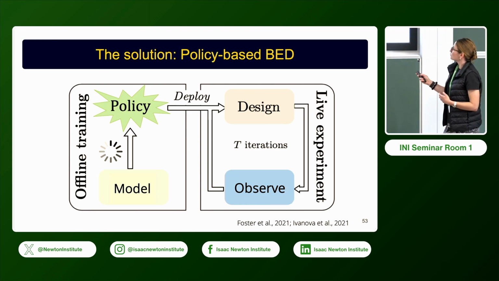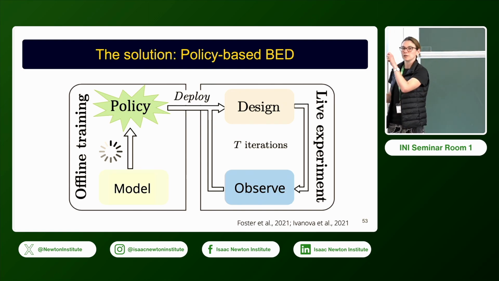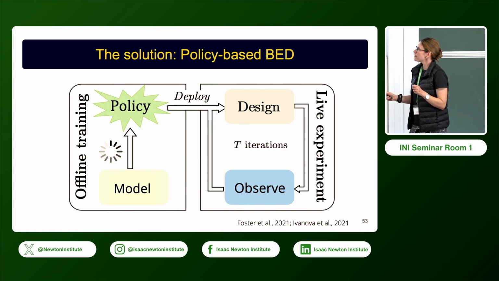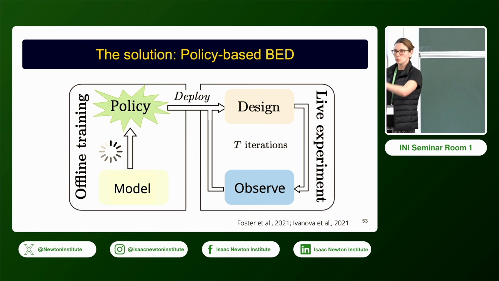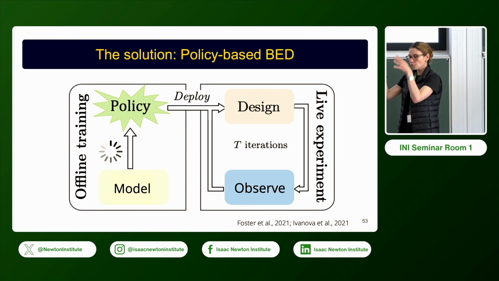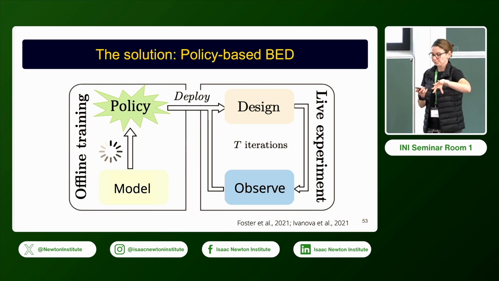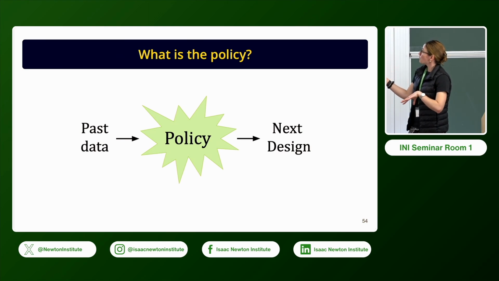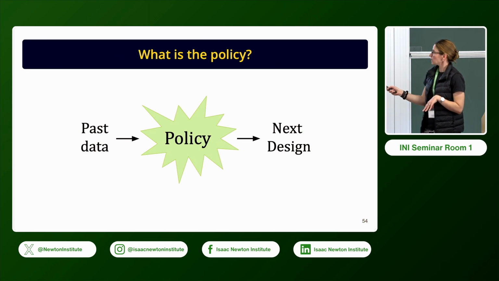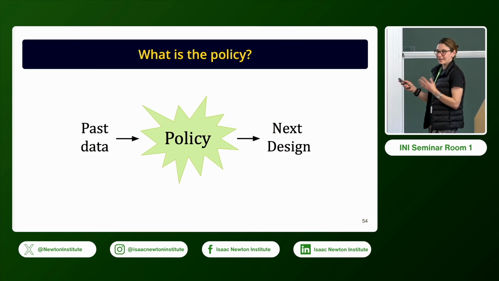And that function will give us optimal designs and take into account observations and do the updating automatically, right? The key idea is that this will be happening offline. So we're going to move the computational burden from the live experiment into an offline pre-training stage. Okay, so the policy, as I said, is just a function that will be taking past data as input and will be outputting the next design.